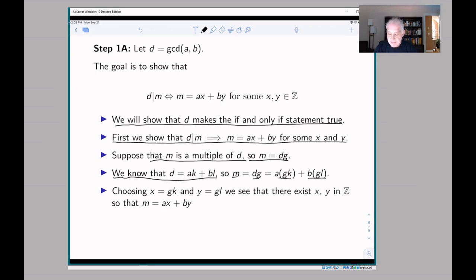And DG is M, so we've written M as a combination of A and B, replacing K by GK and L by GL.